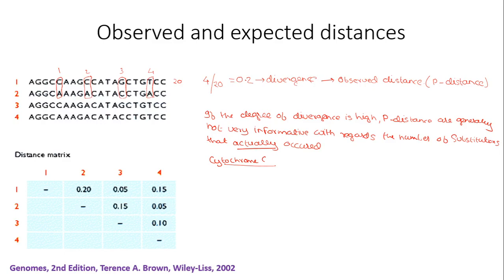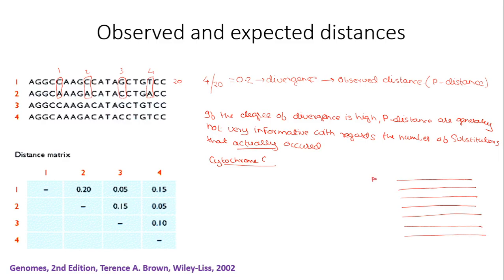Say we have cytochrome C sequences from plants, from yeast, from fishes, from cephalopods, from echinoderms, from birds, and maybe from mammals. Right. Well, let me denote it.